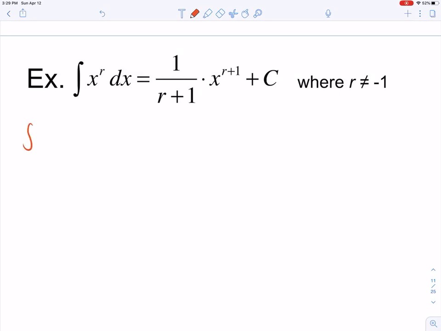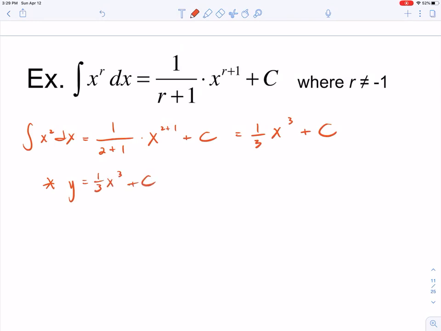Okay, so this is the power rule for integration. Let's say we're integrating x squared with respect to x. So 1 over 2 plus 1 times x to the 2 plus 1 power plus c, which if we simplify that, is equal to 1/3 times x to the third power plus c.